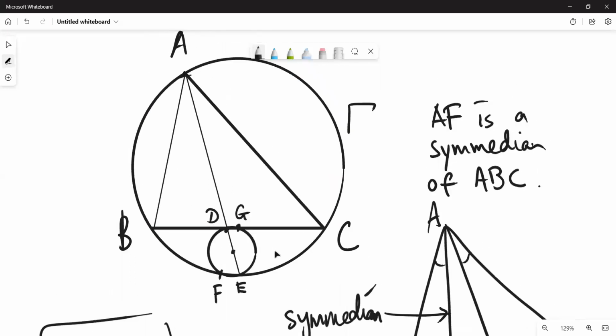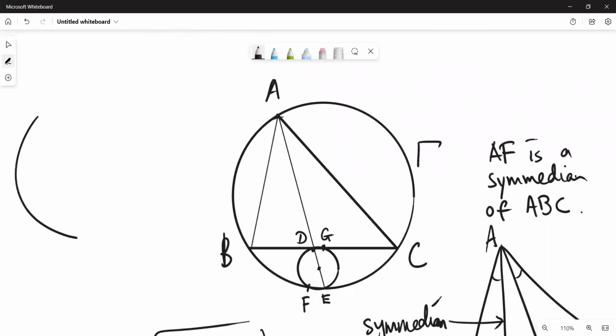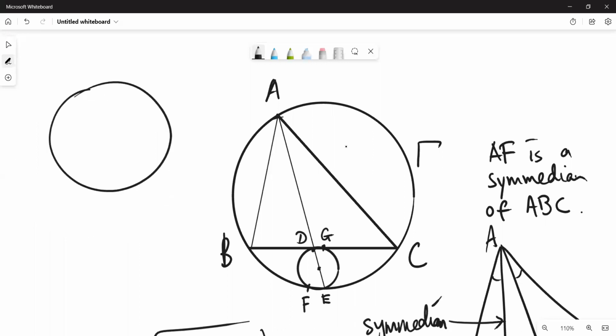Because from the usual properties of a circle, if we have two angles the same, then these two must be equal. Therefore, BE is equal to EC.